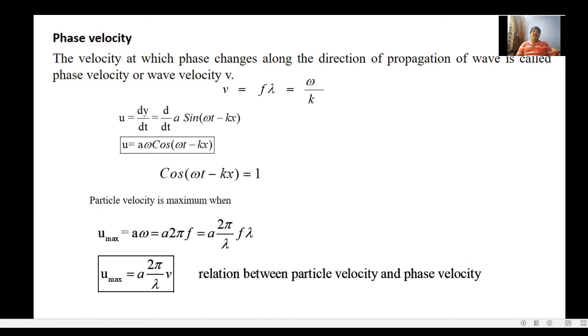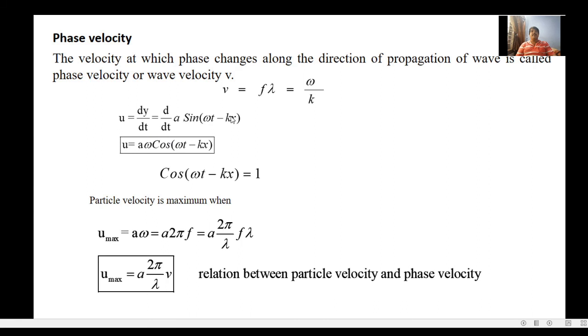The wave velocity depends upon the nature of the medium. Wave velocity is given by the equation v = fλ, which is equal to ω/k.